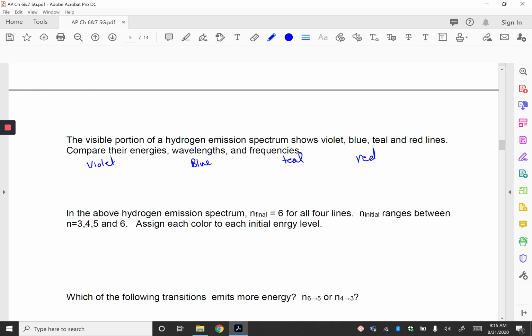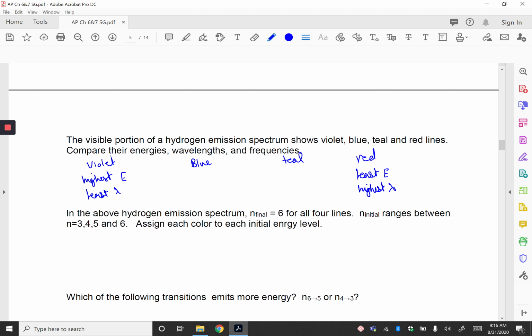So we know that in terms of energy, the violet has the most energy, followed by the blue, followed by the teal, and then the red has the least energy. In terms of wavelength, we know that the red has the highest wavelength, followed by the teal, followed by the blue, and then violet has the least, or shortest, wavelength, I should say.